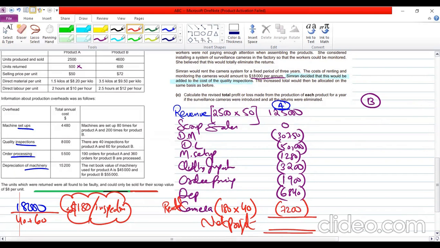And if I add them up and deduct it from revenue, what is my revised net profit? Tell me. Mhm. 30,670.